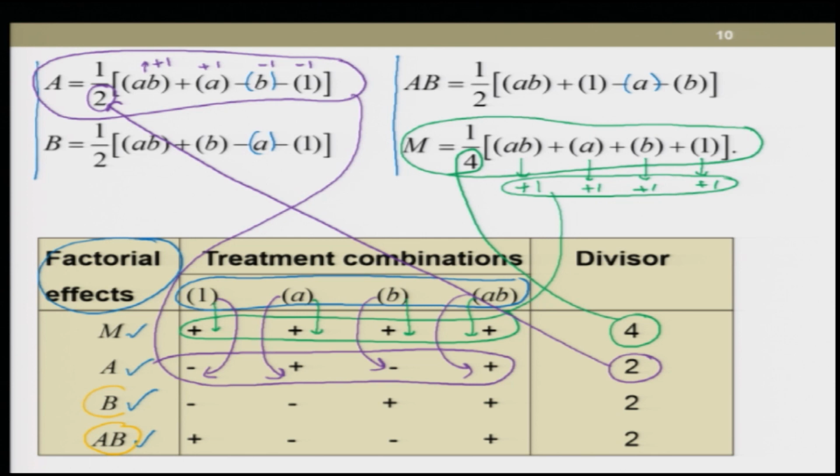Now, what is the advantage of this table? By looking at this table, I can write any of the effects.